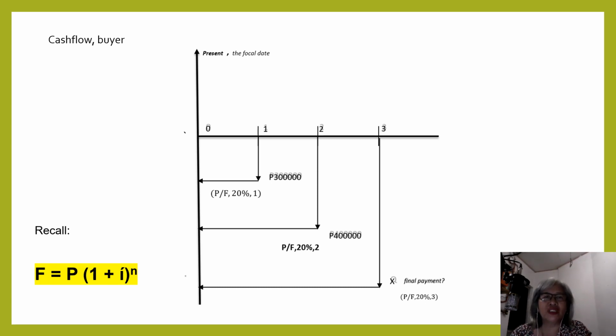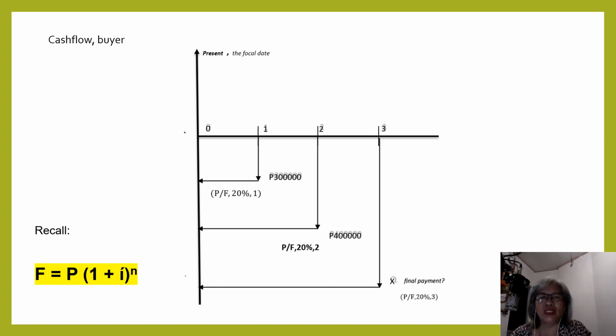On the first transaction, the buyer will have to pay 200,000 as down payment. After 1 year, 300,000. After 2 years, 400,000. And a final payment at the end of 3 years.